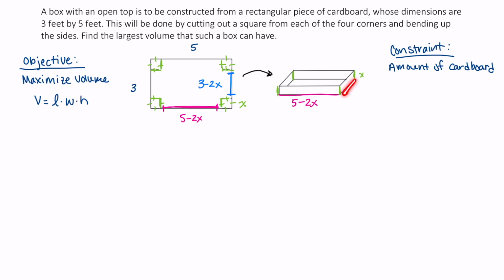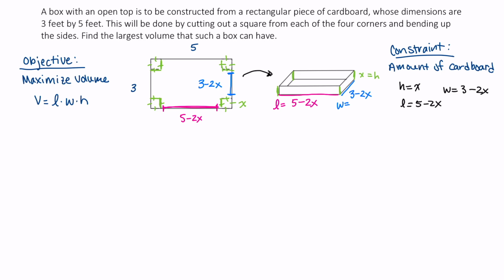And this shorter side here corresponds to this side in blue, so this is 3 minus 2x. I'm going to label this as my length, this as my width, and x as my height. So height equals x, length equals 5 minus 2x, and width equals 3 minus 2x.